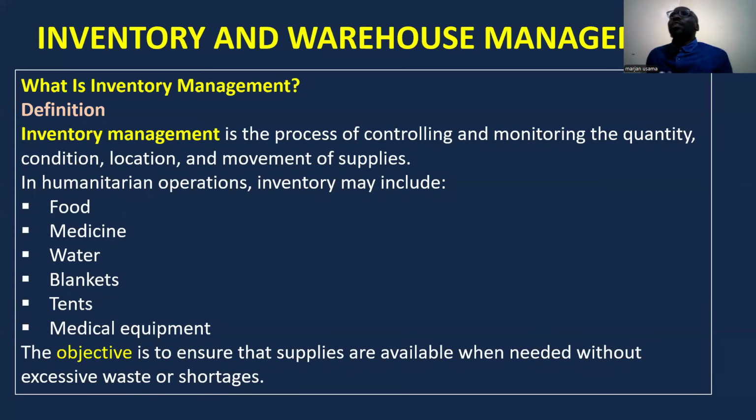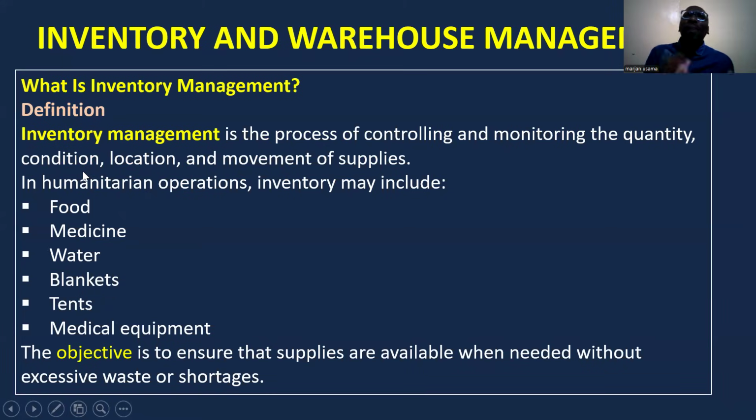So monitoring the quantity. There should be somebody in the warehouse, al-makhzan, who is telling us we need 50 kgs, this thing is not available. So there should be somebody who is updating us about the quantity, and somebody updating us about the condition.